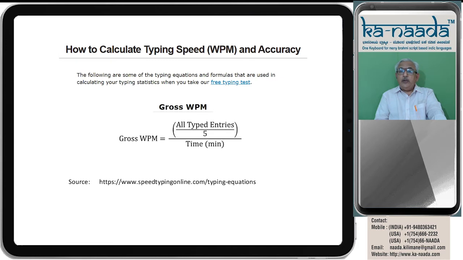Gross WPM, or words per minute, is all typed entries divided by 5, divided by time per minute. This formula is taken from the source mentioned on the screen, from the URL www.speedtyping go online typing equation.